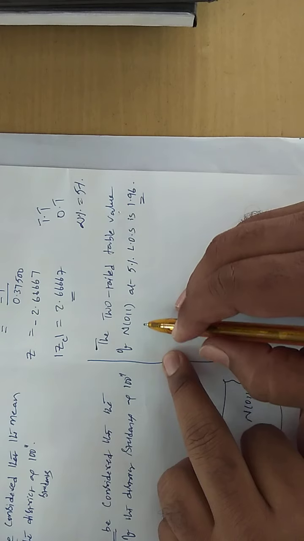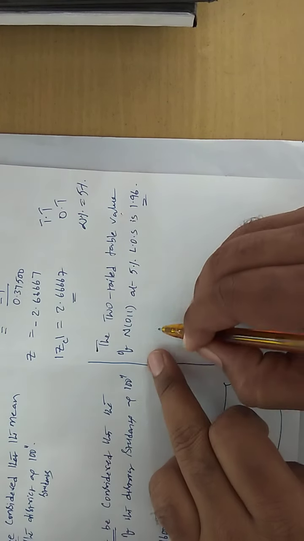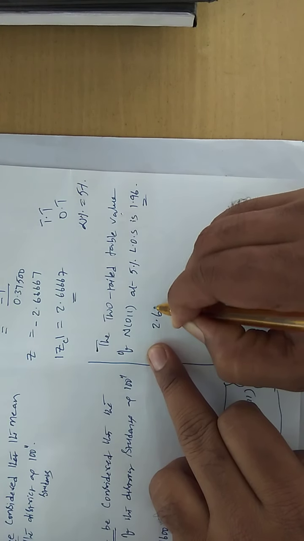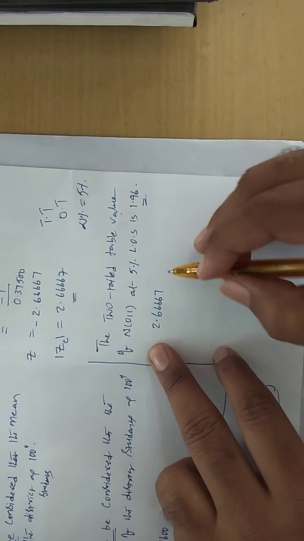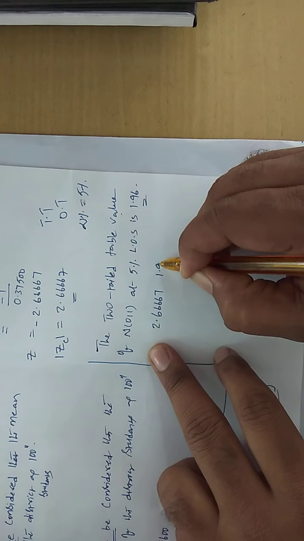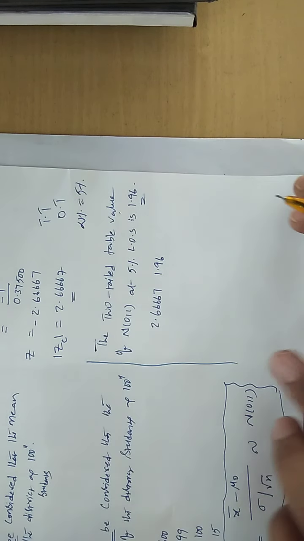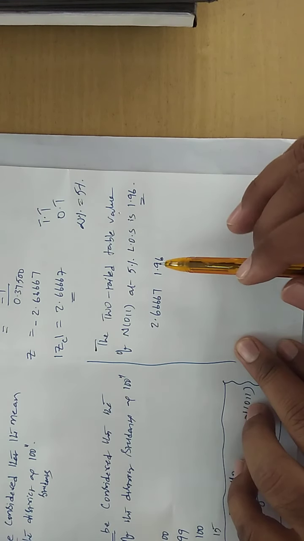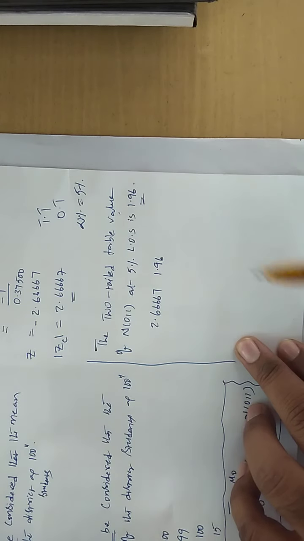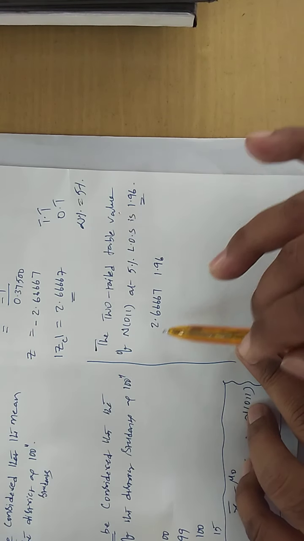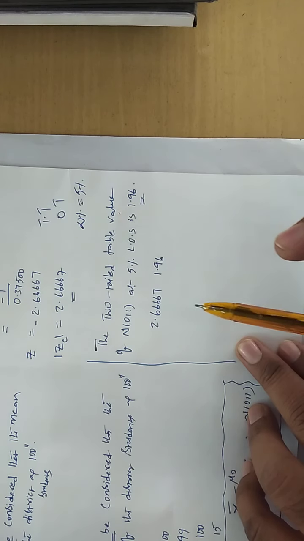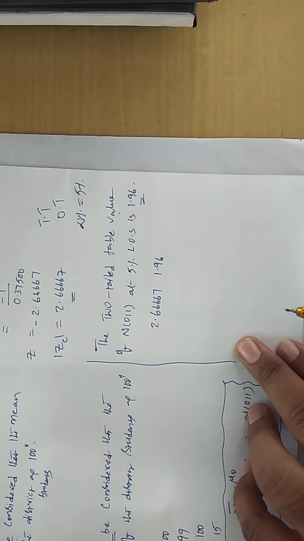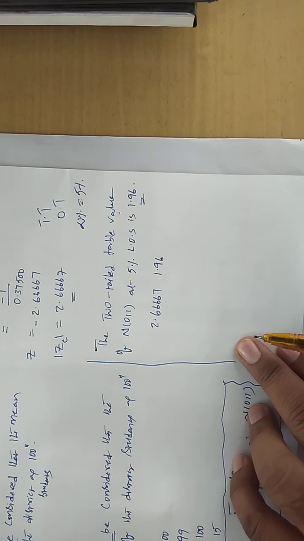Now what is the calculated value? That is 2.6667 and the table value is 1.96. Always remember that. Write down the calculated value on the left hand side and the table value on the right hand side. If you change the positions, the conclusion is going to confuse you. This point is very, very important.